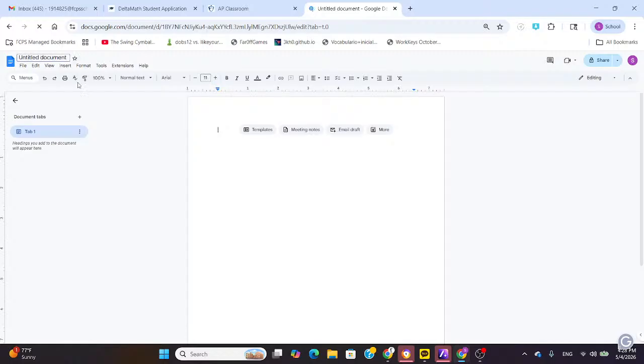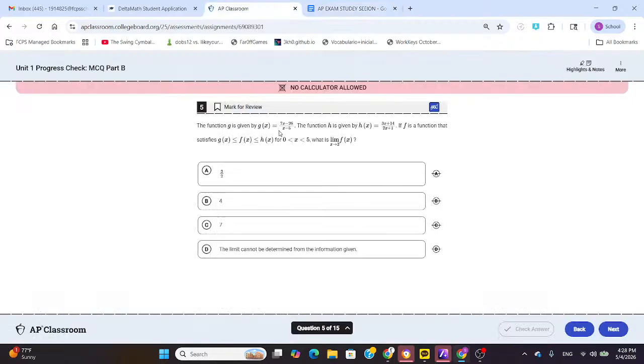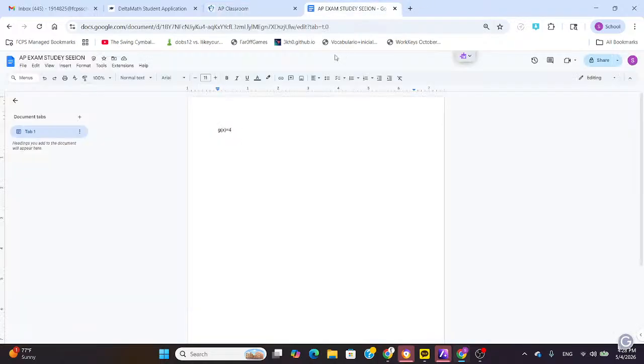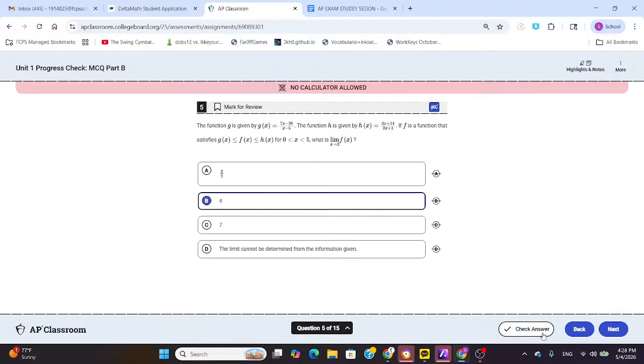So if we have 4 and h of x, plug in 2, 20 over 5 is 4. Then h of x also equals 4. If they both equal 4, it has to be B.